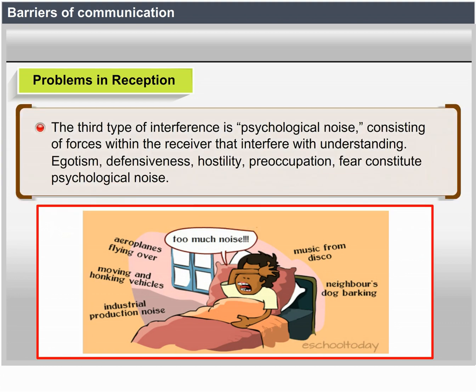The third type of interference is psychological noise, consisting of forces within the receiver that interfere with understanding. Egotism, defensiveness, hostility, preoccupation, fear. All these constitute psychological noise.